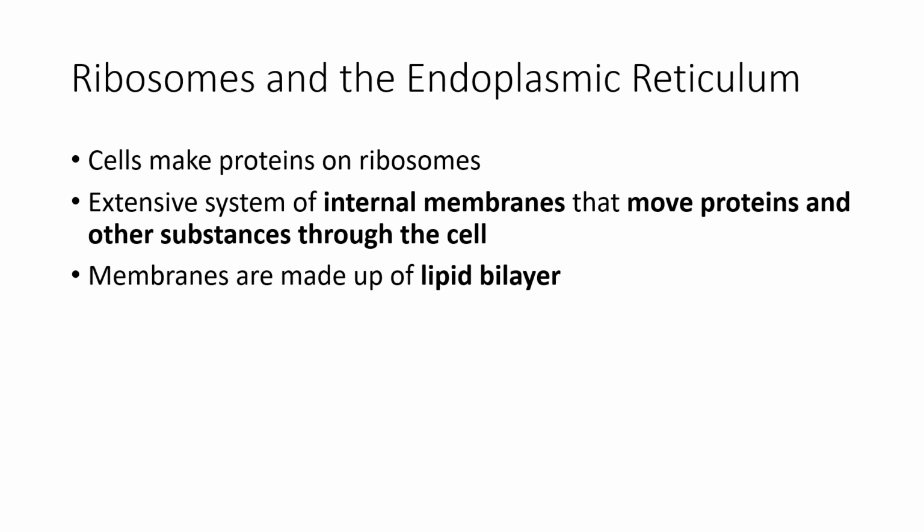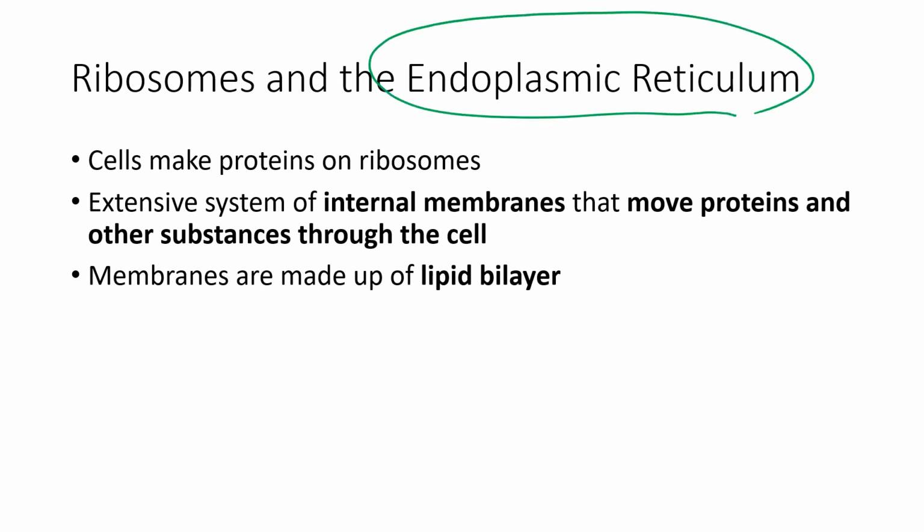Like I said, ribosomes and the endoplasmic reticulum. Cells make proteins on ribosomes, and this right here refers to these internal membranes that help move proteins and substances throughout the cell. It's made up of a lipid bilayer, kind of like the cell membrane.